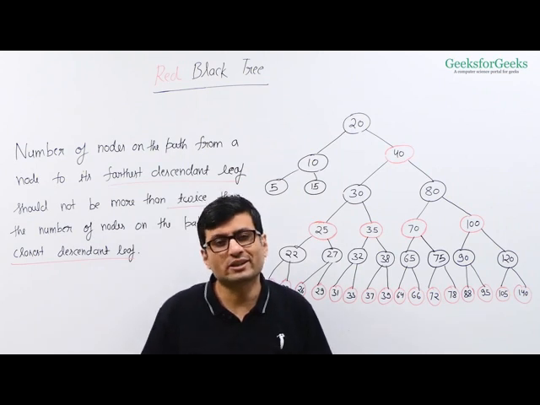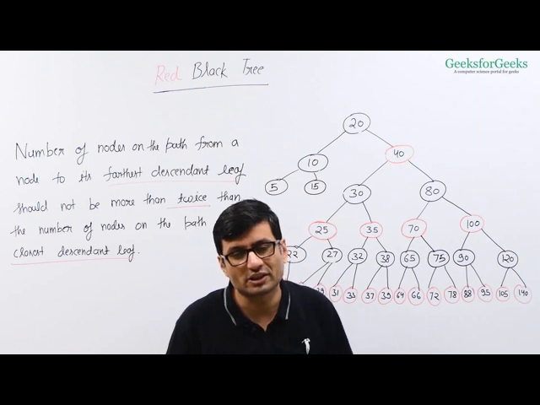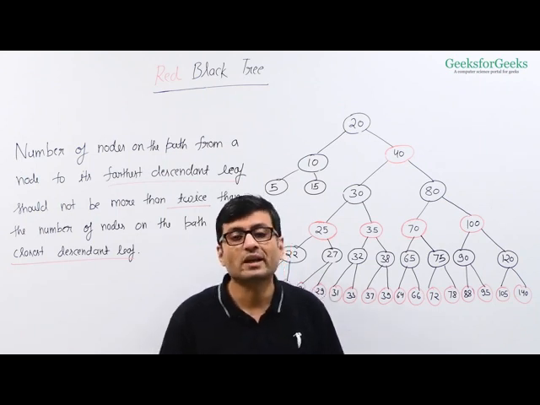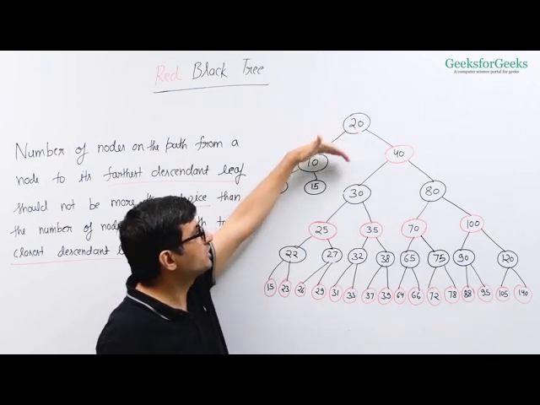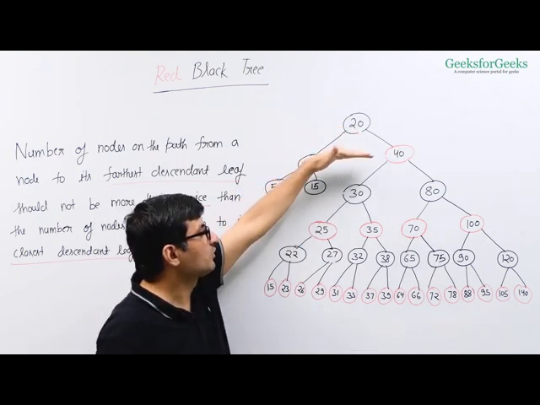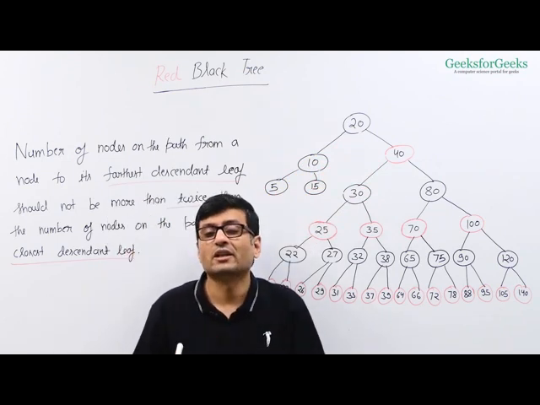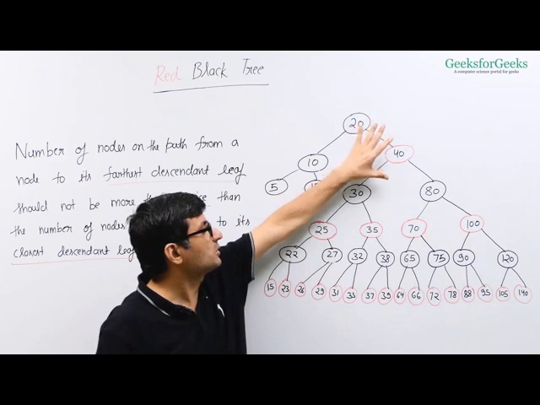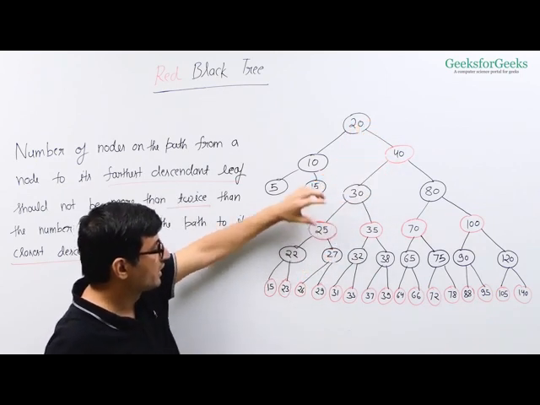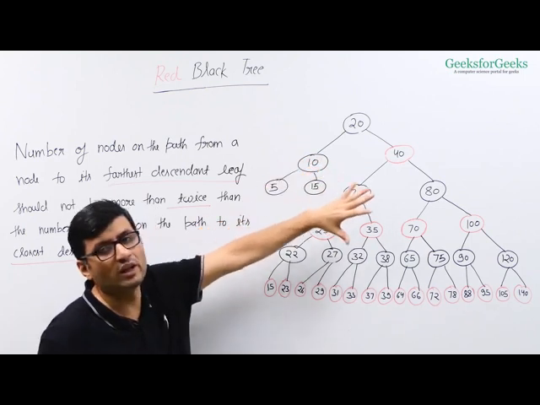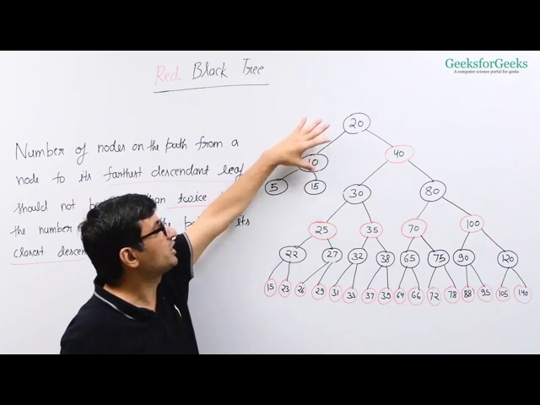Now if you take a look at this maximum unbalanced red-black tree and the previous maximum unbalanced red-black tree, you can notice one thing, that the number of nodes from a node to its closest leaf and the number of nodes to its farthest leaf, they have this relationship, that maximum number of nodes on the path to the farthest leaf can be at most twice than the number of nodes on the path to the closest leaf.